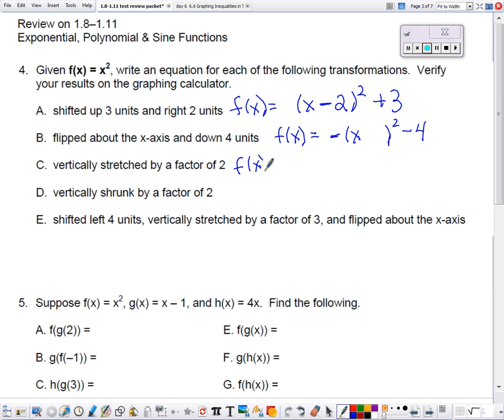Stretched vertically by 2 is a coefficient in the front of 2. But vertically shrunk by 2 is a coefficient of 1/2. And then lastly, 4 units left is plus 4, stretched by 3, reflected over the x-axis.